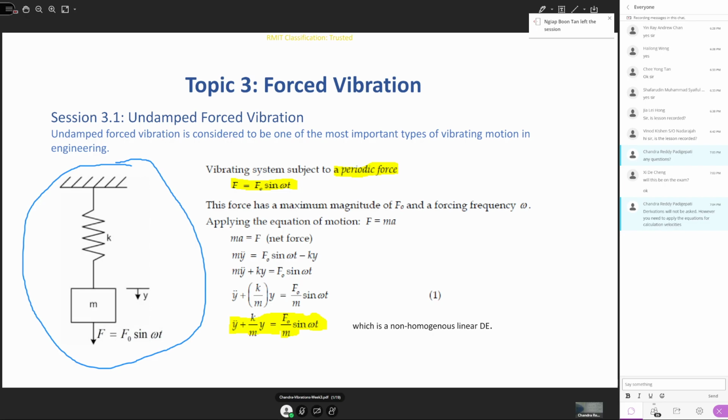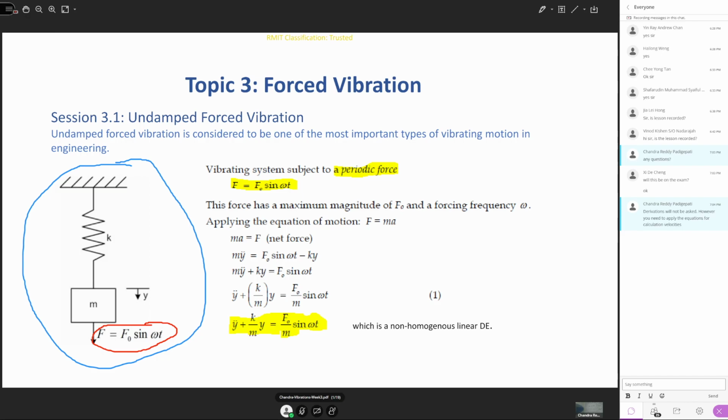Here we are introducing a force component. The system is acted upon by an additional external force F, and this force is also a periodic force. It is not a fixed force, but a periodic force. So we write the force F is equal to F naught sine omega t.